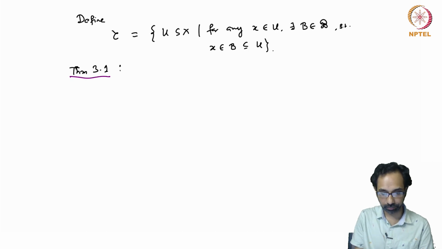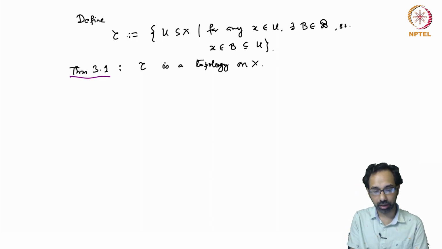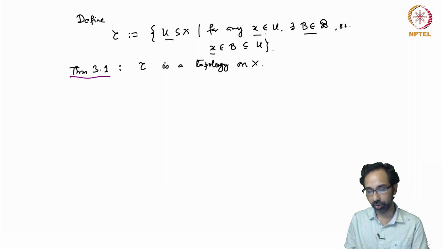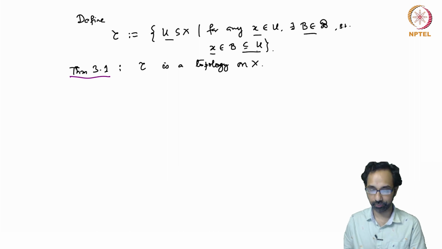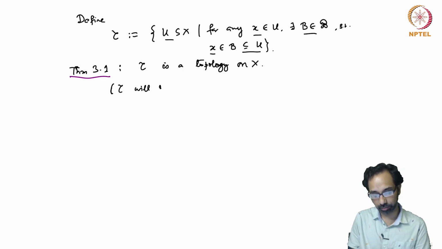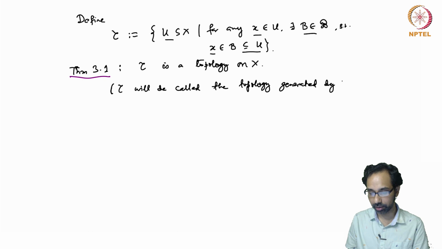The theorem says that this collection tau is a topology on X. Okay, so given a basis, we defined the collection tau, which is the collection of all subsets U of X for which, if you take any point X in this subset, then there exists a basis element which contains this point X, and it is contained in U. And I claim that this is a topology on X, and tau will be called the topology generated by the basis B.